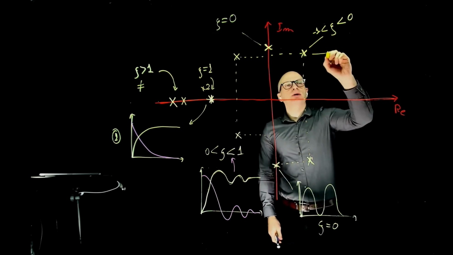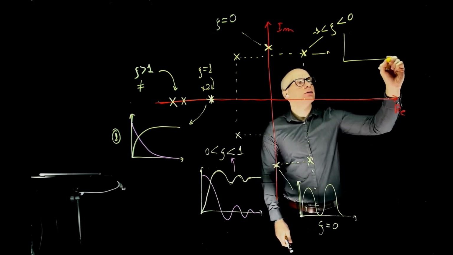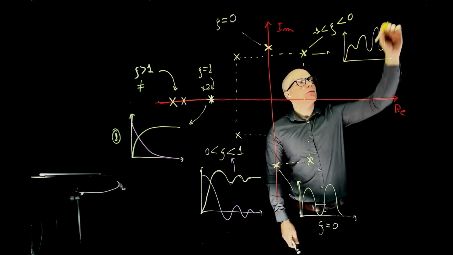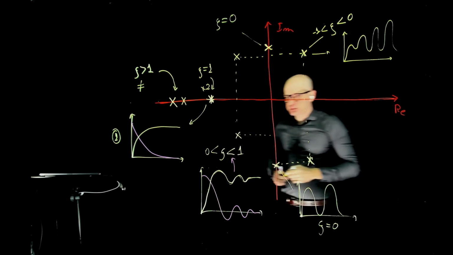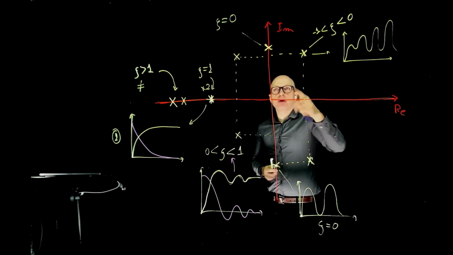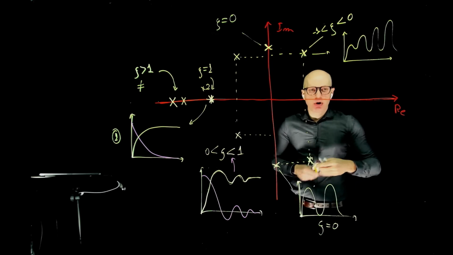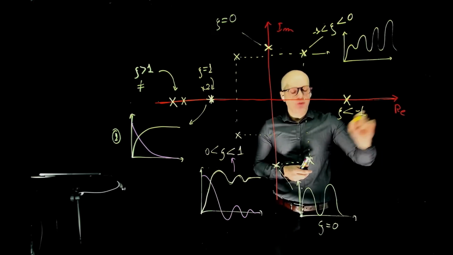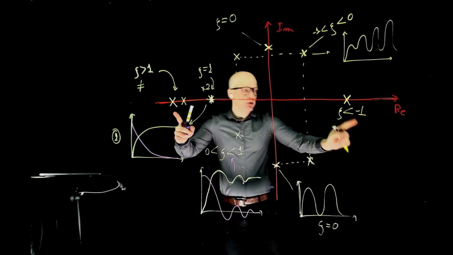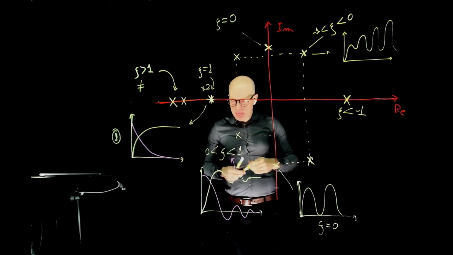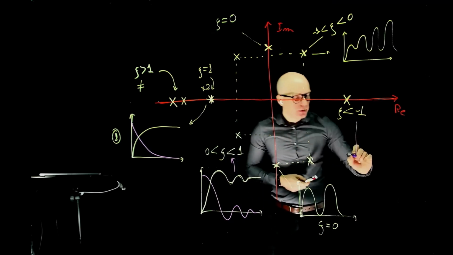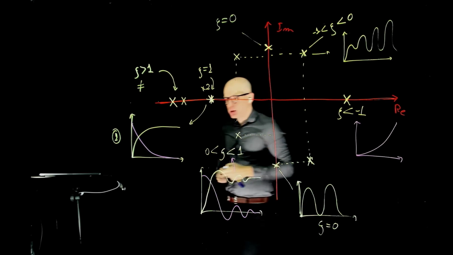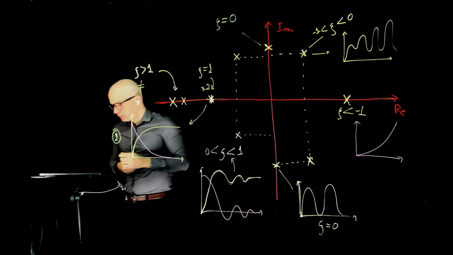And now the exponential generated by these poles will grow to infinity, like that. And finally, if you keep decreasing zeta, we reach a point where zeta is smaller than -1. We are now to the other side of the problem here. We only have exponential waveforms, but these exponential waveforms grow to infinity.